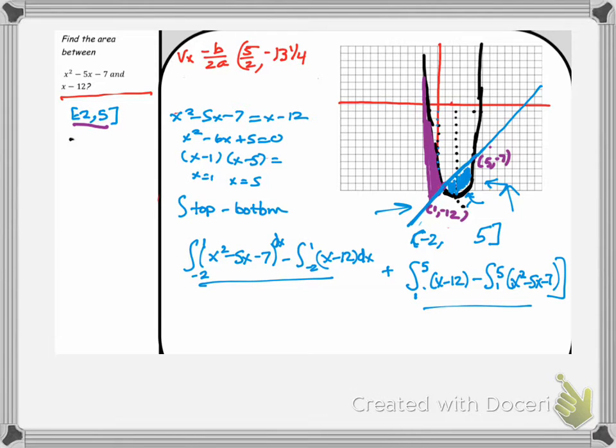So negative 2 to 1 of x squared minus 6x plus 5 dx, and then plus 1 to 5 of negative x squared plus 6x minus 5 dx.